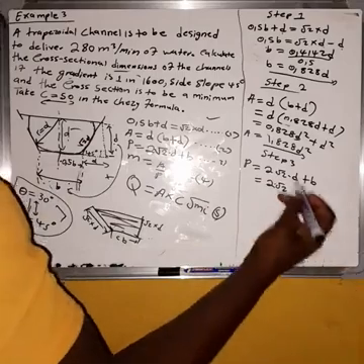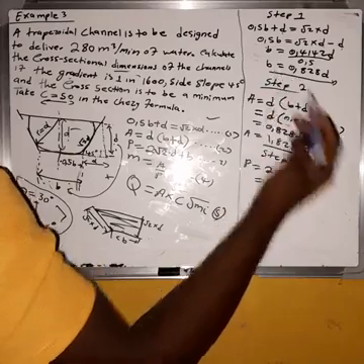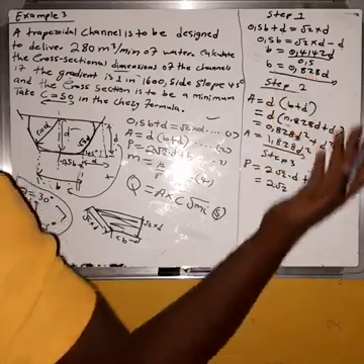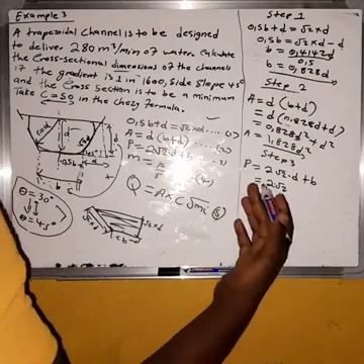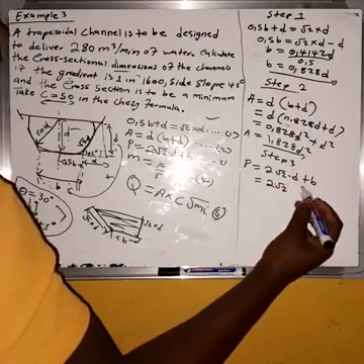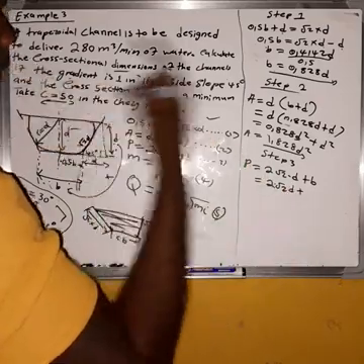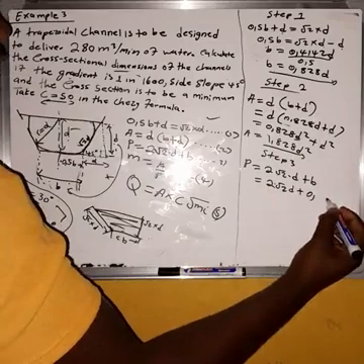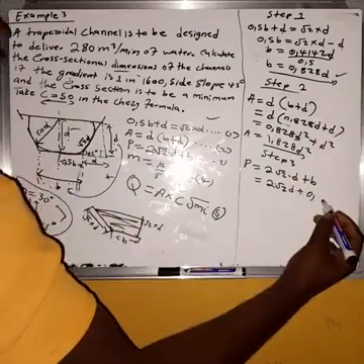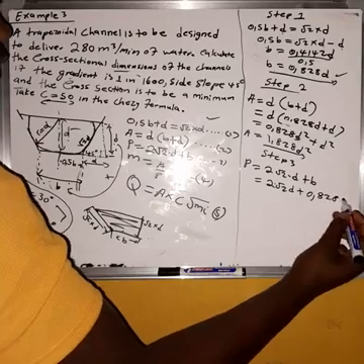Do we have b? Do we have d? We don't have d, but we have b. Okay, yes, we have b. What is b? Here is b, 0.828d.